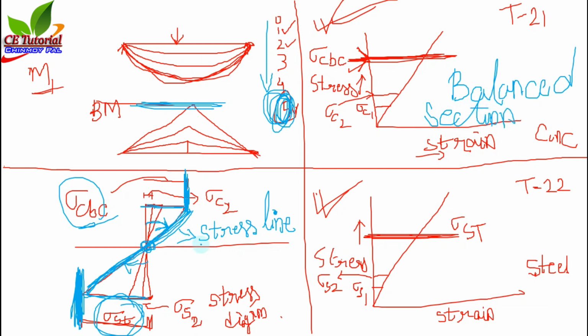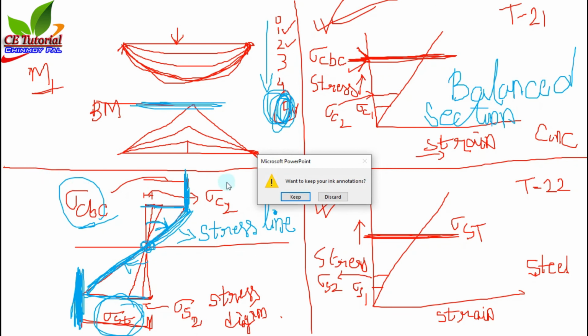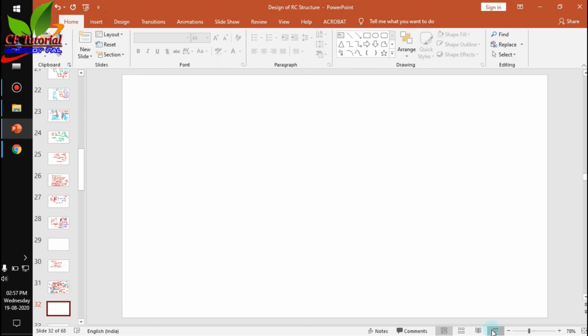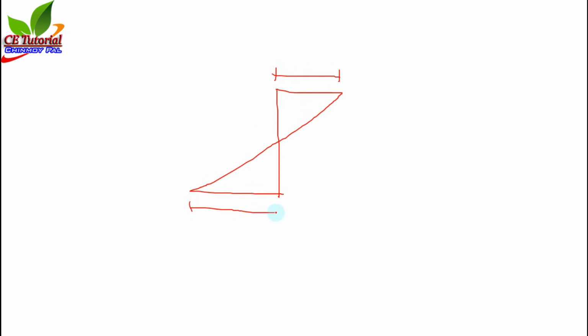So what is a balanced section? A balanced section is when the strain line simultaneously reaches the stress of concrete and the stress of steel, then this section is called a balanced section. So this is sigma ST and this is sigma CBC.